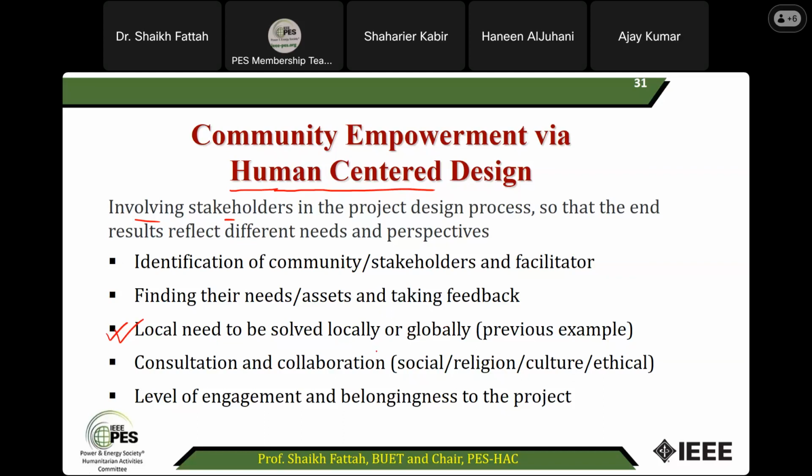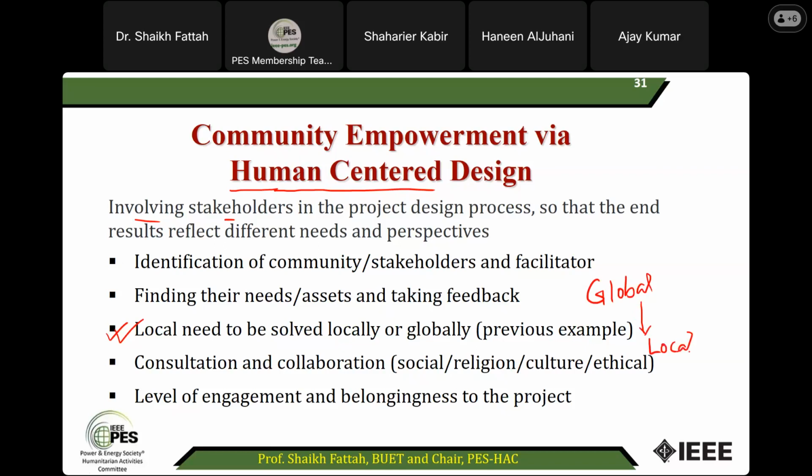So you may have a better global solution, but you have to bring that solution down to a level so that local people can use it. Not necessarily are all global solutions suitable for a local community. So how can you make a global solution suitable for a local community?